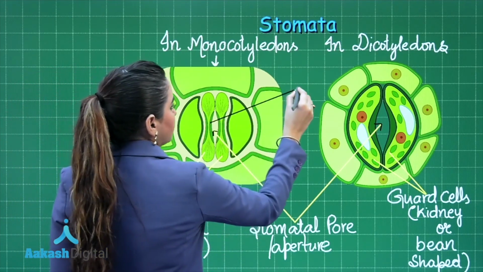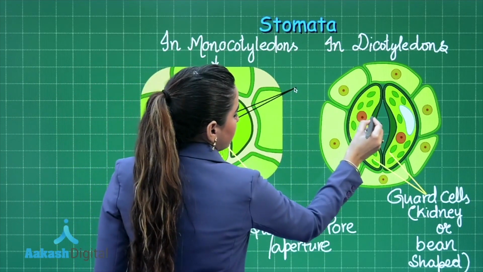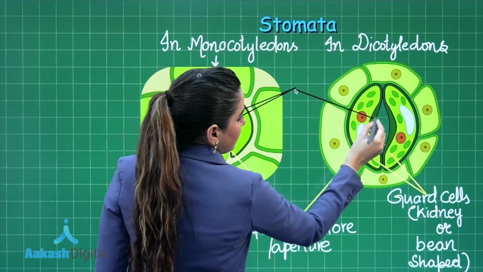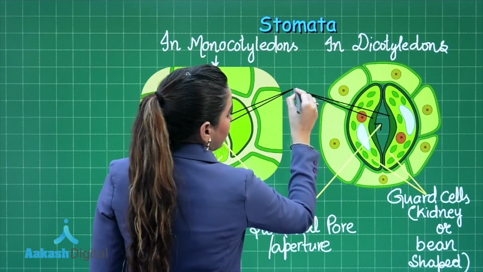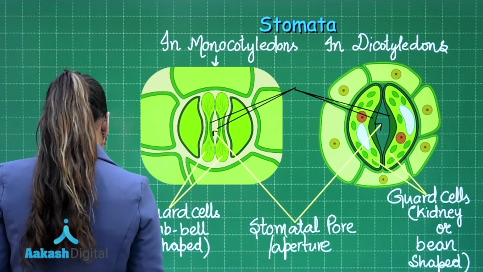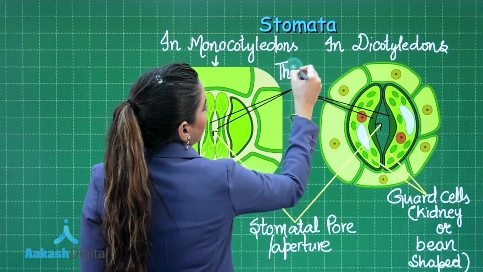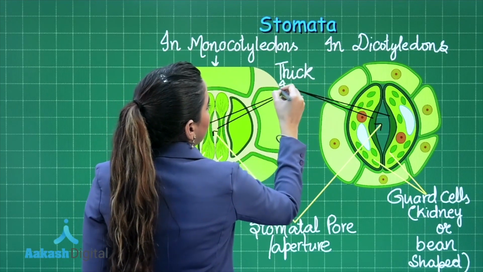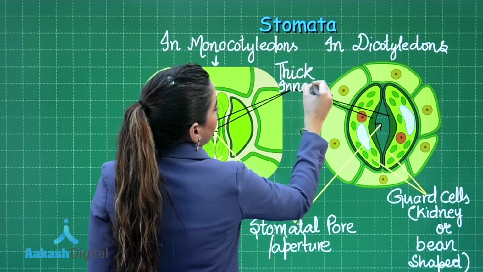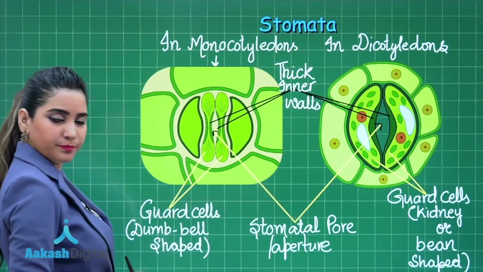You can see here clearly that inner walls are thick and outer walls are thin. So we will write down thick inner walls of guard cells. So that is common.